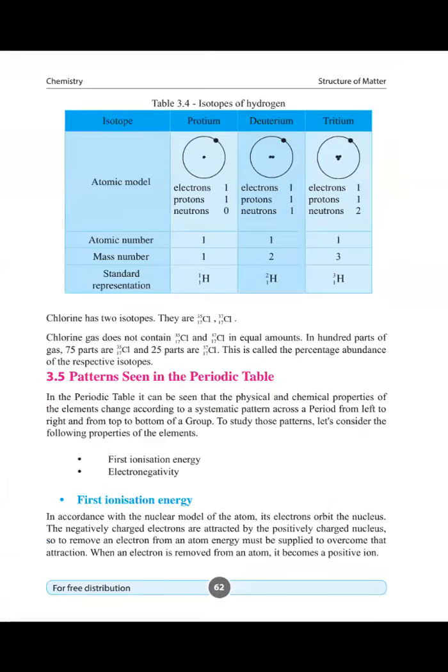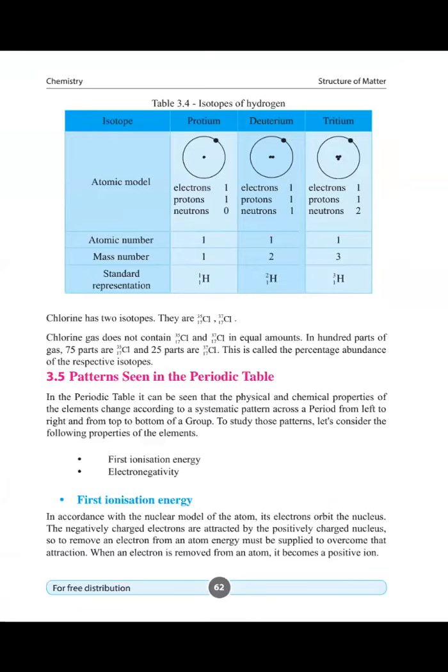Then we want to discuss the patterns of the periodic table. Now the periodic table, there are physical and chemical properties of elements.